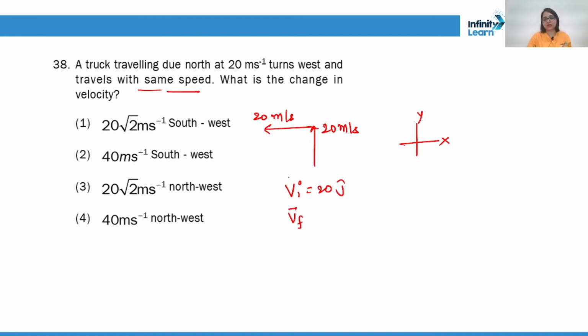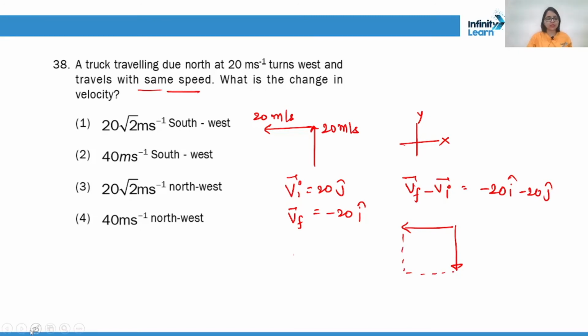The final velocity vector is minus 20 i cap. So the change in velocity is v final vector minus v initial vector, which is minus 20 i cap minus 20 j cap. If you draw this vector, this is minus 20 i cap, this is minus 20 j cap, so the resultant will pass through this diagonal.